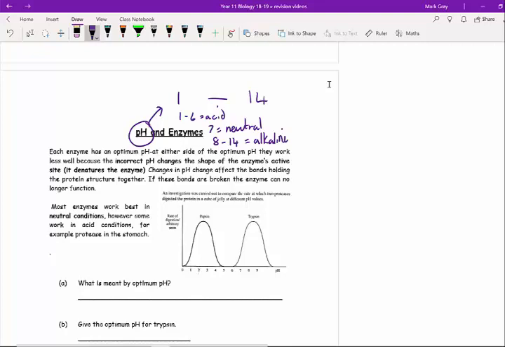Just like every enzyme had its own optimum temperature, each enzyme has an optimum pH. And either side of the optimum, they won't work as well because the incorrect pH changes the shape of the enzyme's active site. Or in other words, it denatures it.